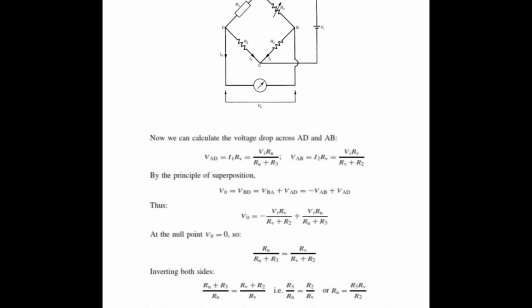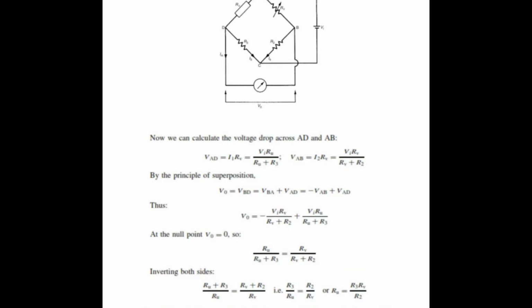At the null point, the output voltage is zero, so RU divided by RU plus R3 is equal to RV divided by RV plus R2.